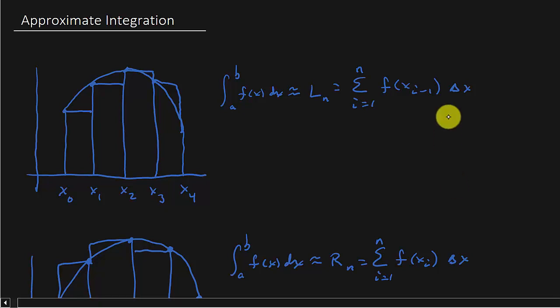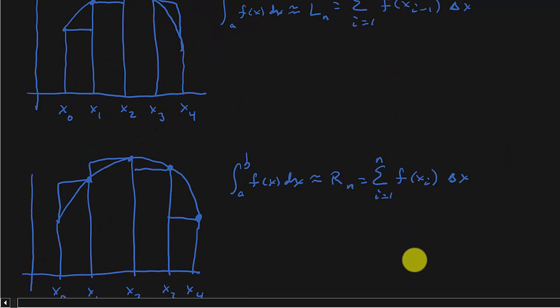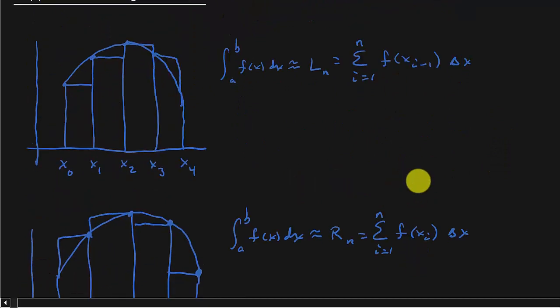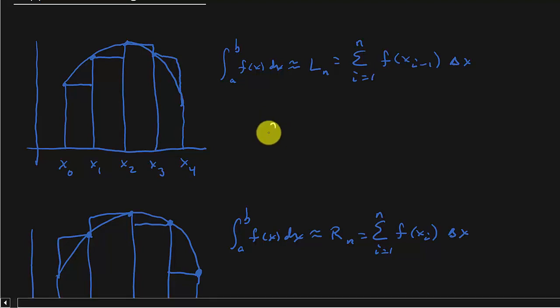So for example, let me come down here where I have a little bit of room. For instance, an integral like this, if we have say 0 to 1 of e to the x squared dx, well, we can't integrate that.